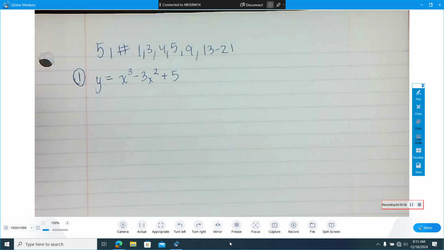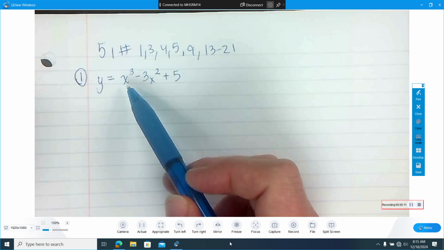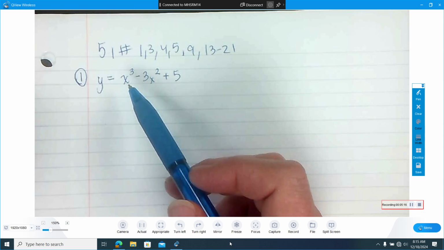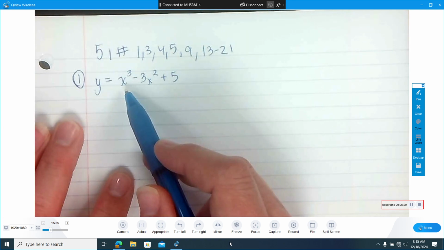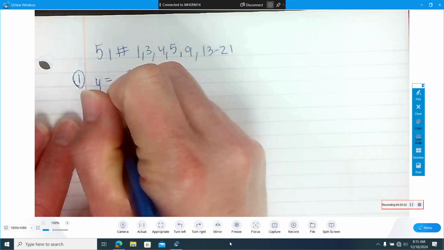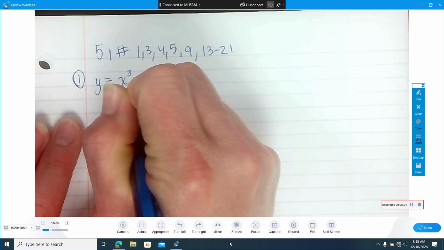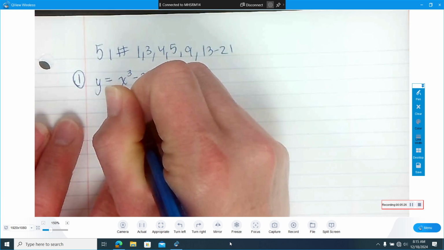Okay. We know the overall shape of this curve. Talking about end behavior, the leading term here is x to the third.